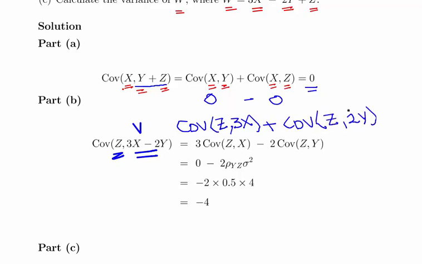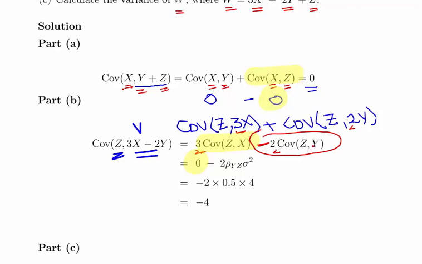Now we can take out both constants, 3 and 2. Previously we found the covariance of z and x was 0, so that first part of the term is 0. So what we have to figure out is this bit here, minus 2 times the covariance of z and y.